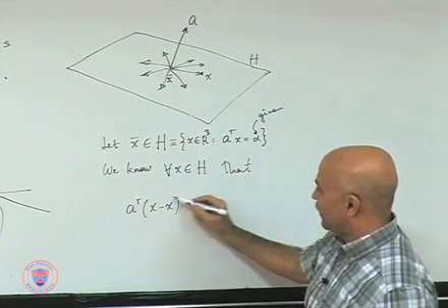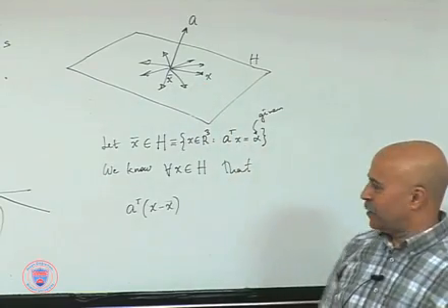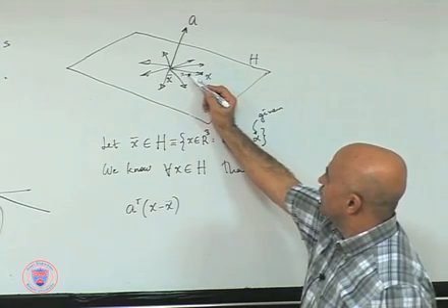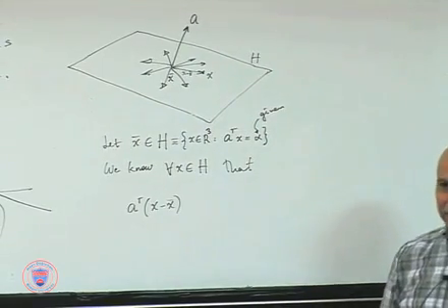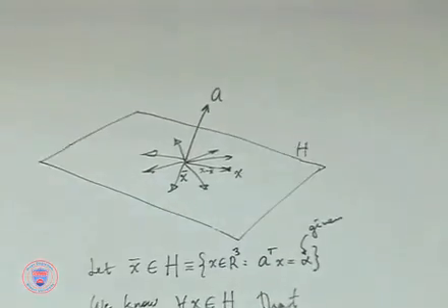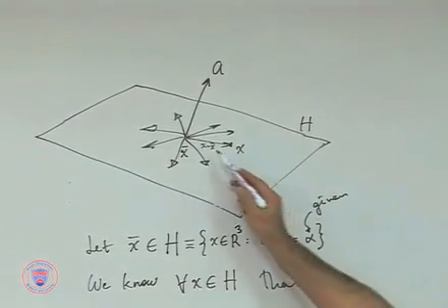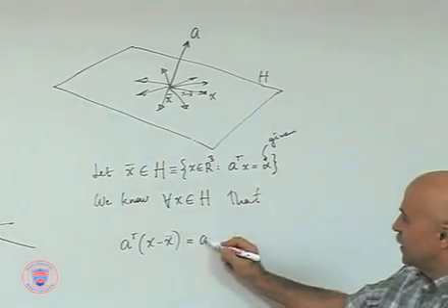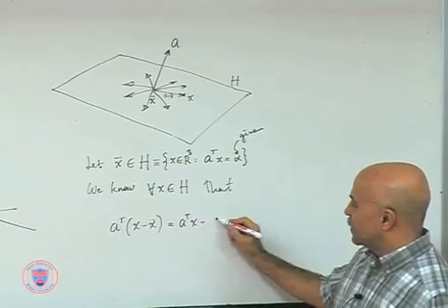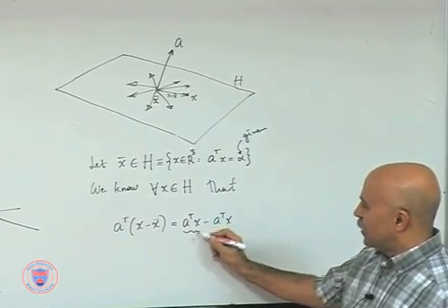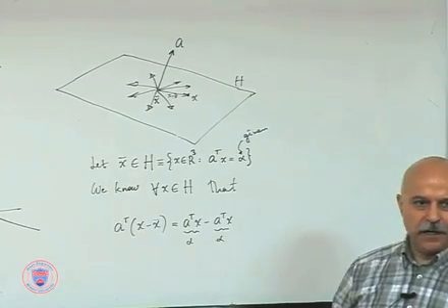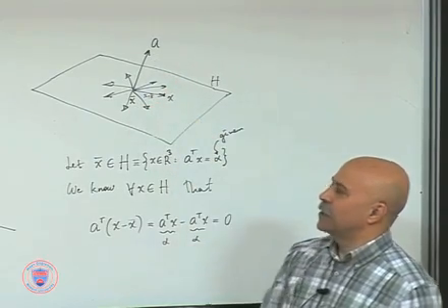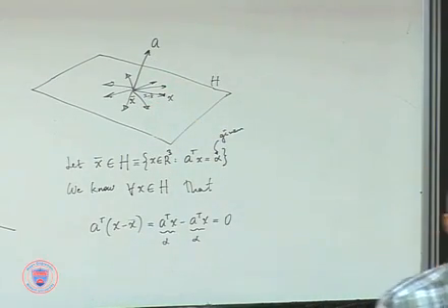So to make it agree with the picture, let's just do it this way: x minus x bar, which is this vector. How much is this? This is 0. The reason is A transpose x minus A transpose x bar. Each one gives you alpha because each is on the hyperplane, and of course that outputs 0. That's why A is perpendicular to each such vector.